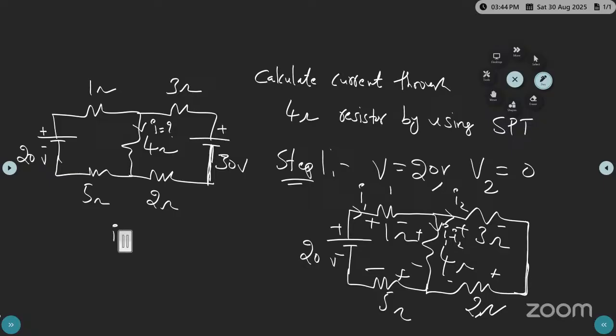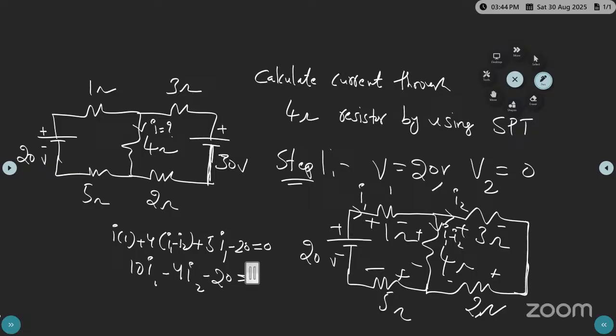I1 into 1 plus 4 into I1 minus I2 plus 5 into I1 minus 20 is equal to 0. Okay, right. Second one. This is how much? 10 I1 minus 4 I2 minus 20 is equal to 0. Equation 1.